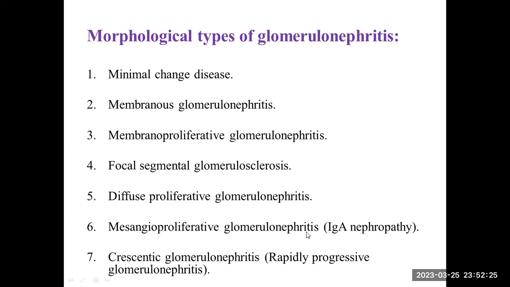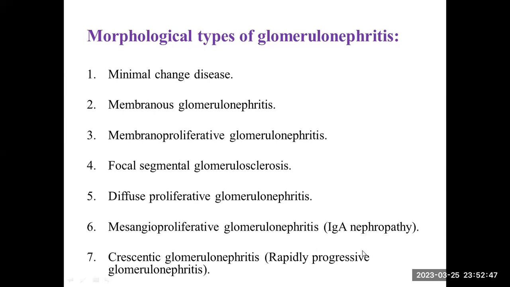The inflammation is so severe that there is recruitment and infiltration of the glomerulus by a large number of inflammatory cells, along with proliferation of local cells. Then these inflammatory cells will start releasing important inflammatory mediators. They will release proteolytic enzymes, cytokines, and growth factors.